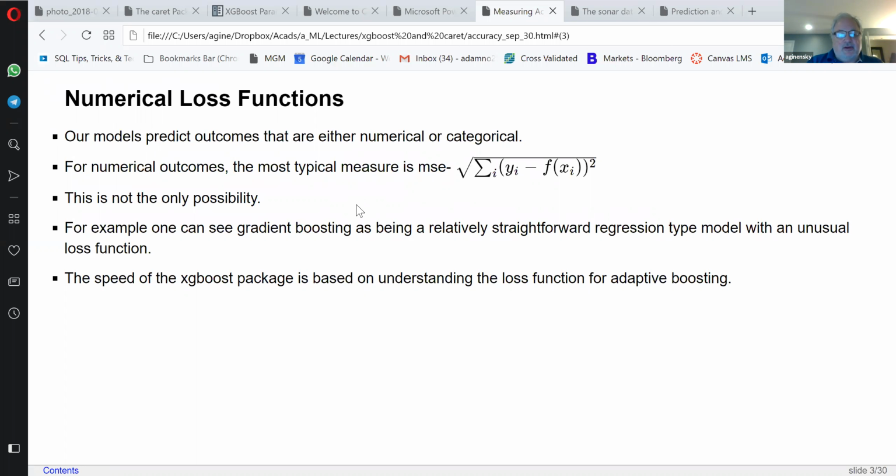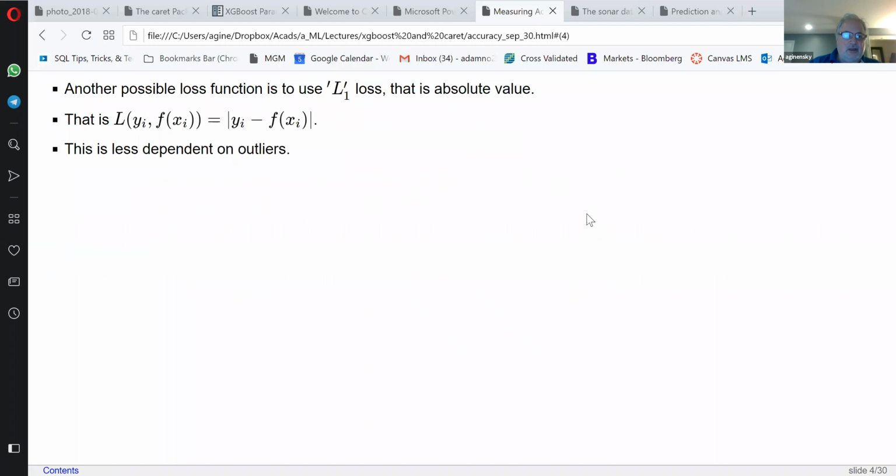There are actual reasons why it came about. It wasn't picked out of the blue, and it wasn't just pure luck that it worked. But it was certainly something more complicated than the MSE. And of course, the speed of XGBoost and LightGBM is based on understanding how these loss functions look. I just want to point out another very popular one, the absolute value.